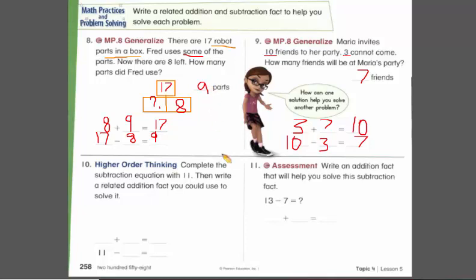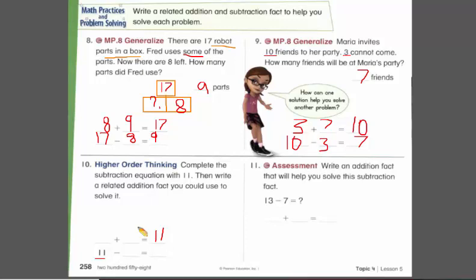Again, we will do number 10. Complete the subtraction equation with 11. Then write a related addition fact. Here I know in subtraction we start with the whole, which is the sum in the addition equation. So 11 will be the sum in the addition equation. In the subtraction equation, we start with it. We want to know two parts to make 11.